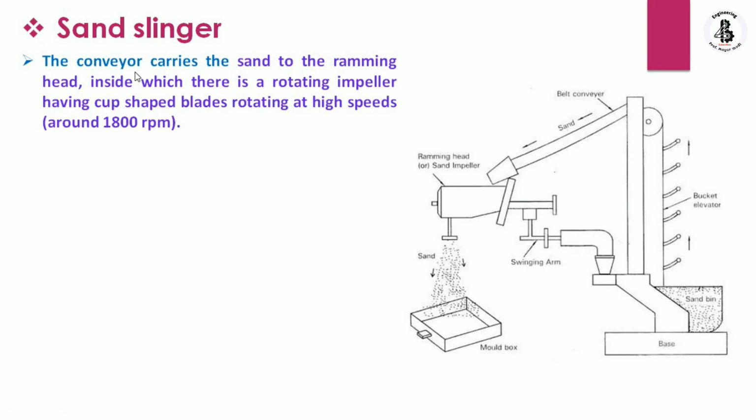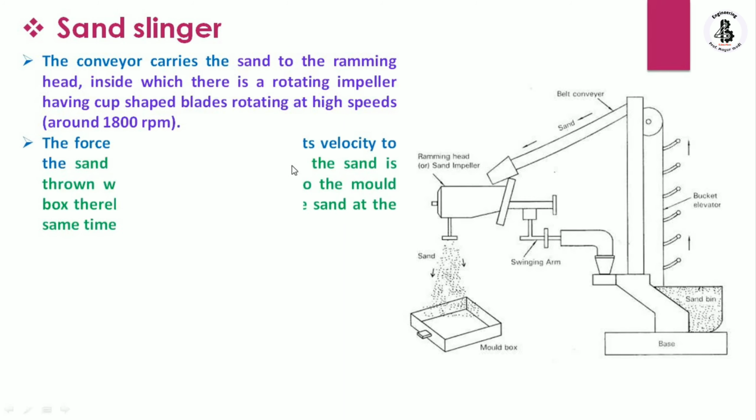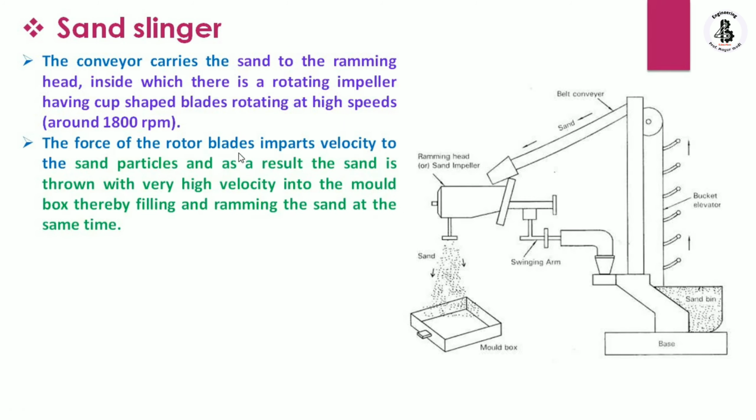The conveyor carries the sand to the ramming head, inside which there is a rotating impeller having a cup-shaped blade rotating at high speed, more than 1800 revolutions per minute. The force of the rotating blades imparts velocity to the sand particles.